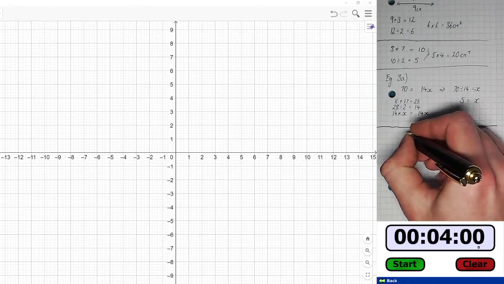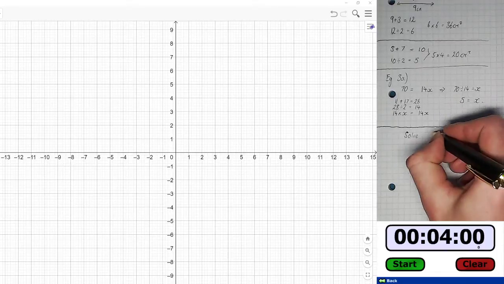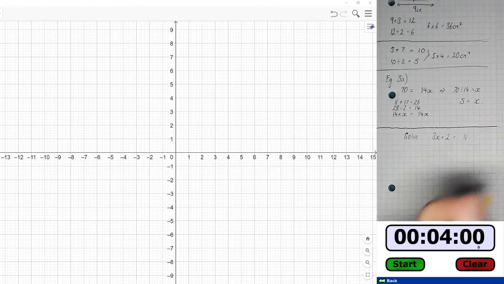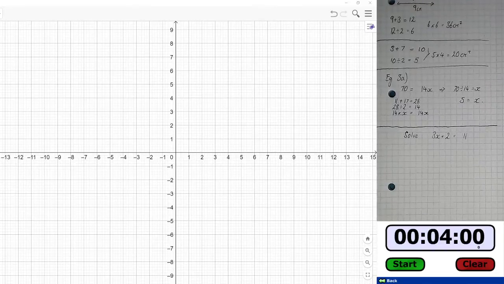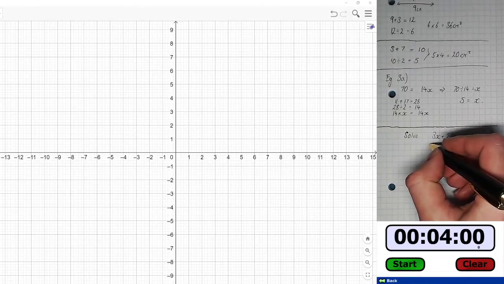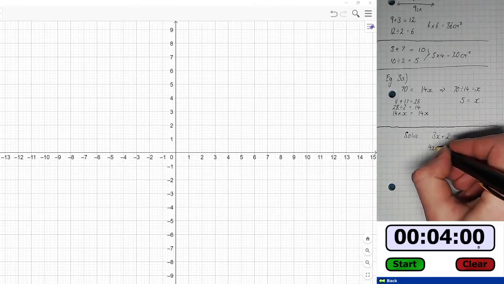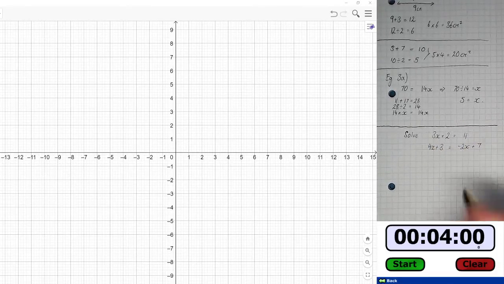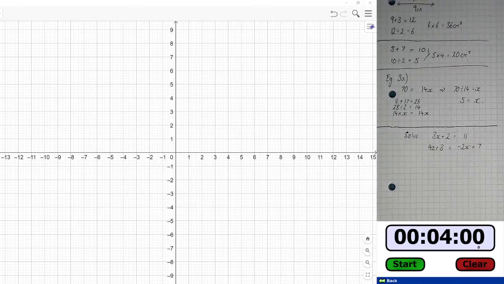Starting off with things like solve 3x plus 2 is equal to 11, equations which you may have been solving for quite a long time. We're also going to look at equations where we might have 4x plus 3 is equal to negative 2x plus 7.